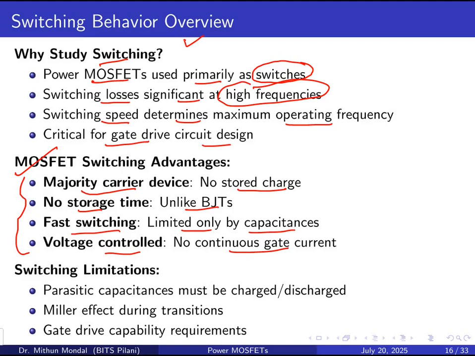So these are the advantages of MOSFET switching. There are certain limitations as well, like the parasitic capacitances which must be charged or discharged. The Miller effect will be there during the transitions. Gate drive capability will also be needed.